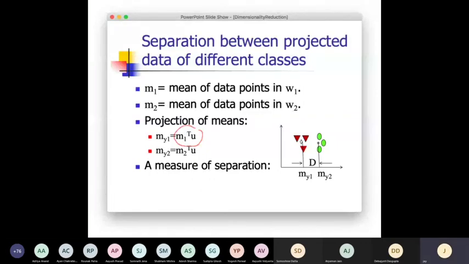So what is the measure of separation in this case? Through this figure, how can you guess what should be the measure of separation of these two classes? One measure of separation could be simply the distance between these two means. But there is one limitation.